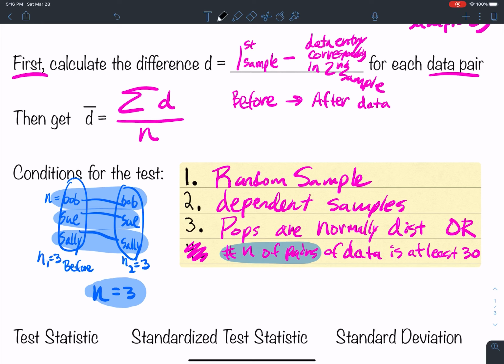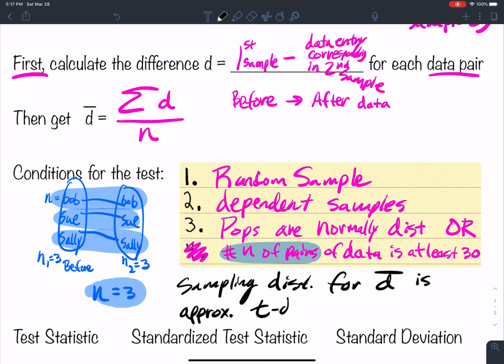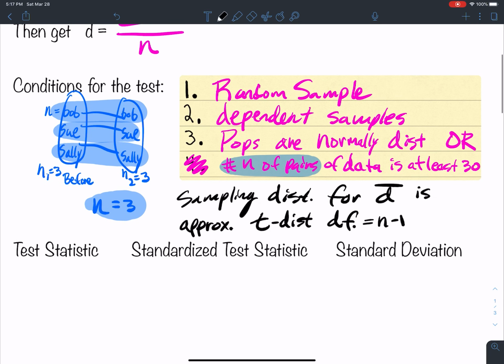If this is true, I have a sampling distribution for D bar that is approximately a t distribution with degrees of freedom equal to n minus 1. Test statistic: D bar is equal to the sum of the differences divided by n.